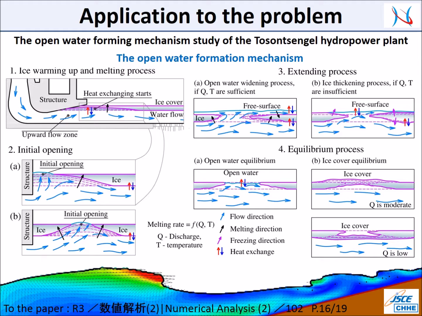Those extending processes directly lead to the equilibrium state after an uncertain time. For example, open water will be maintained for some time, or open water is enclosed by ice cover again at the upper level or low level.